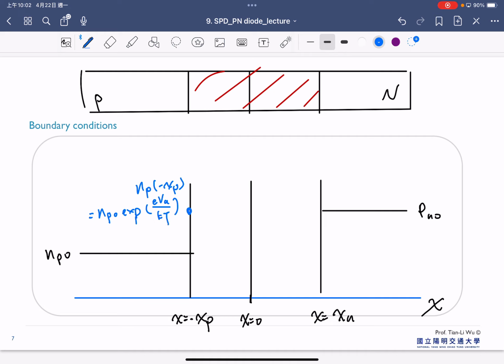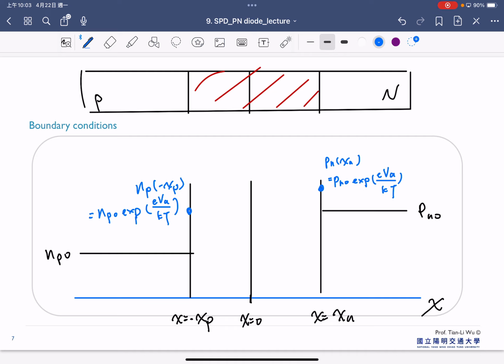So that's our boundary condition at the depletion boundary. Similarly, we can have the minority carrier concentration at this boundary, PN(xn), which is equal to PN0 exponential eVa over kT here.